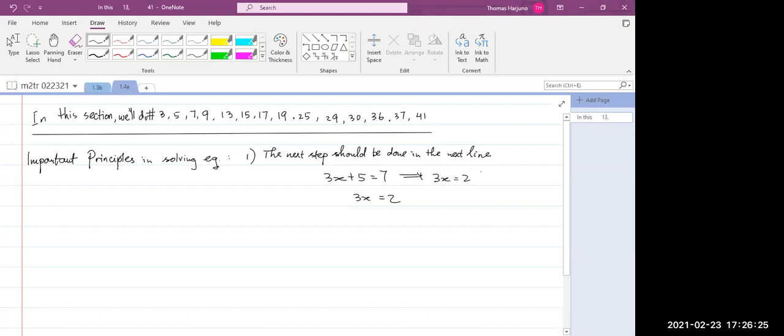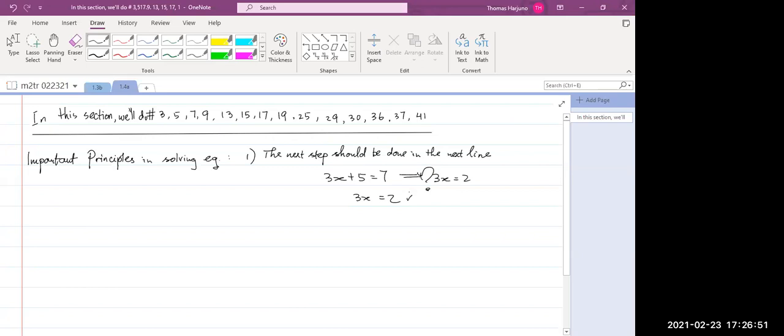But when it gets complicated and you write it horizontally like this, it gets difficult to read. It's okay for me when I am the one reading it, but I see more students making mistakes by writing to the right compared to writing below. So avoid writing it this way. Write it this way instead.